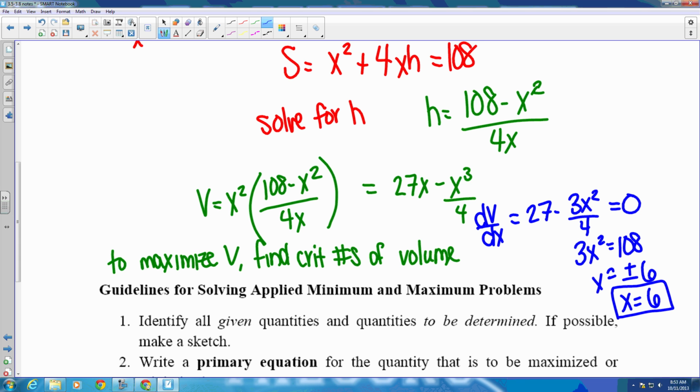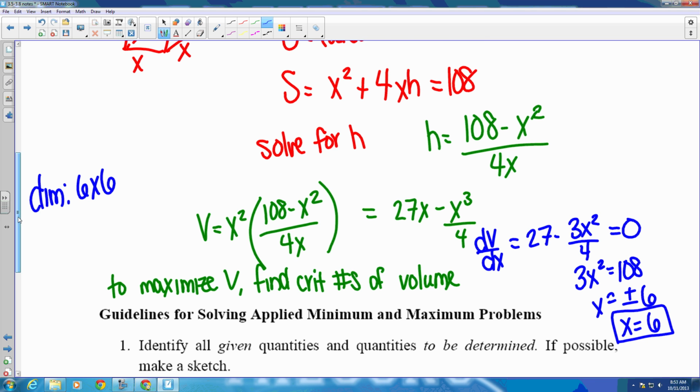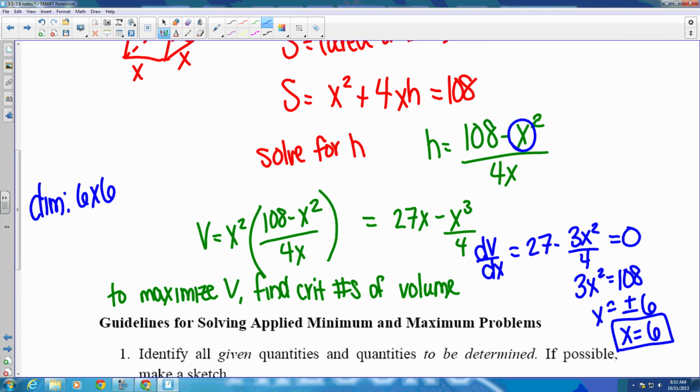So the base is going to be 6 by 6, but we also need to know what the height is, so we're going to put 6 in for the x's here, and our h is going to give us 3 to answer the whole problem.